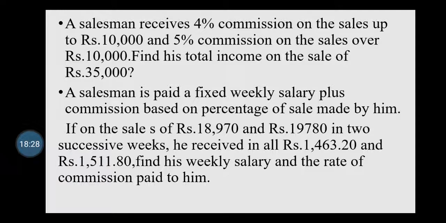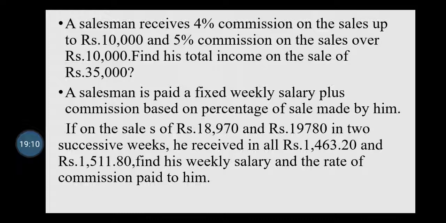Students, we had already solved this type of question. Here 2 quantities you have to find. First one is weekly salary and second one is commission paid to him. Okay, that means first you have to solve for the first week and then you have to solve for the second week. As he is getting rupees 1,463.20, this amount consists of weekly salary as well as commission.